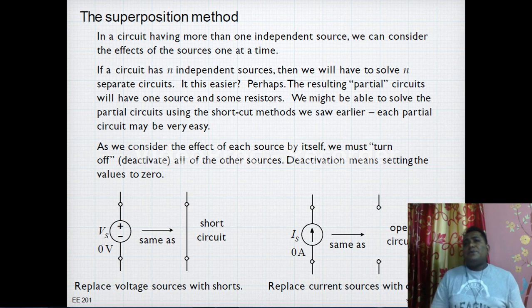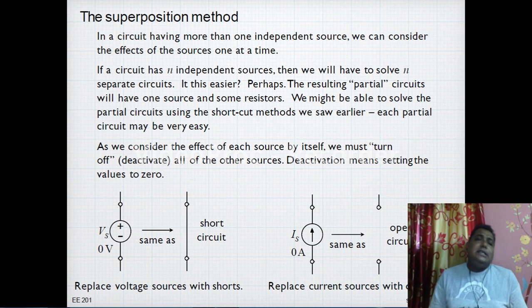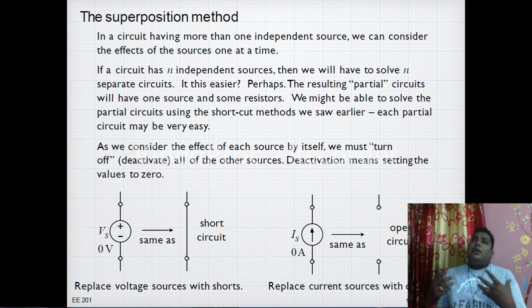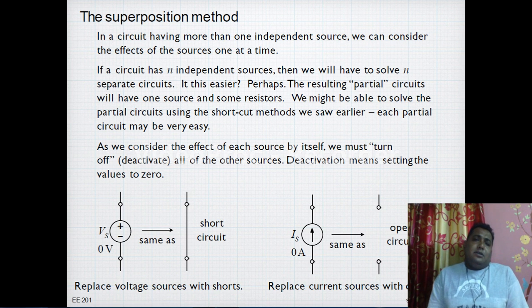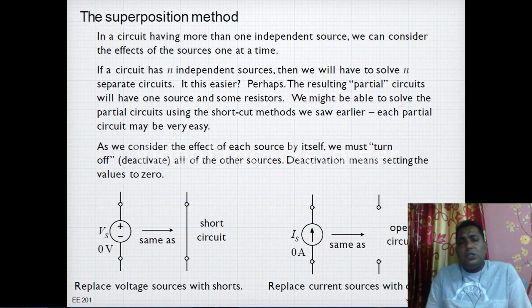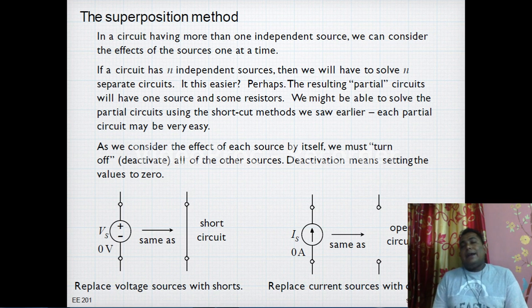In this way, we consider each source at a time and find the effect of one source in a circuit. At the end, if we sum up according to the direction of the current or the potential of the branch voltages, we can find the branch voltage and branch current.